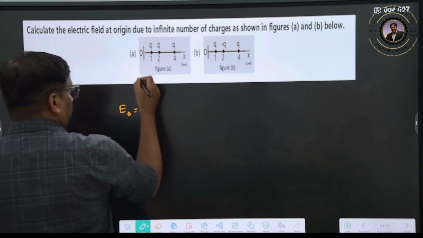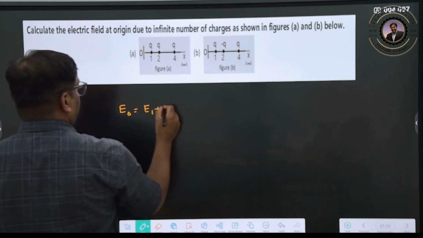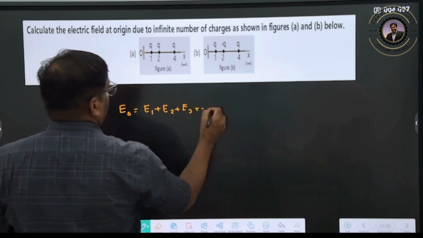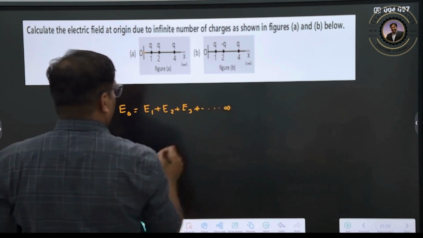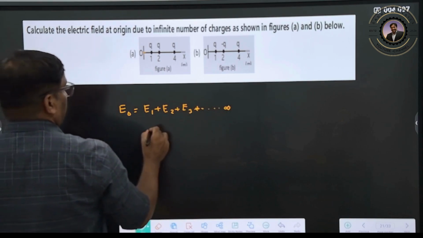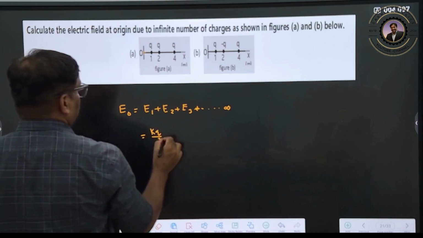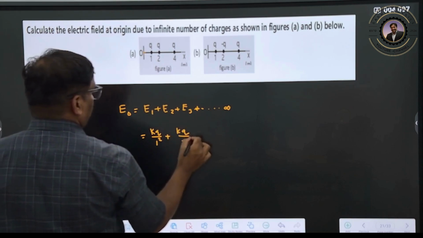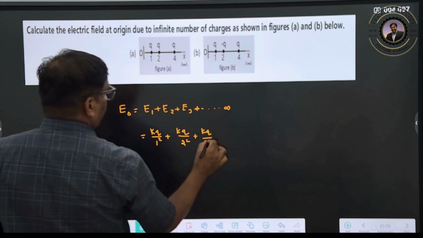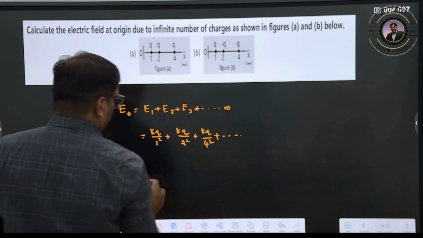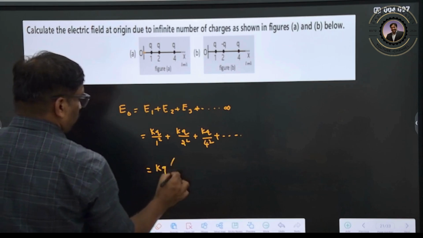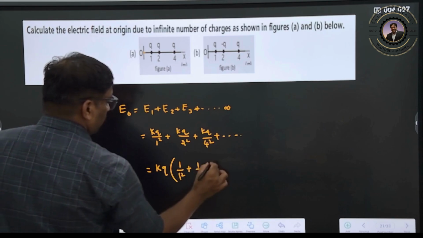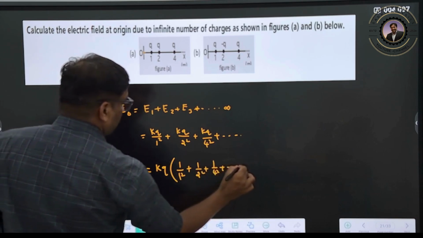It is due to E1 plus E2 plus E3 up to infinity. So what will you get? K Q by 1 square, this distance is 1 square, K Q by 2 square, K Q by 4 square, and so on up to infinity. K Q times 1 by 1 square plus 1 by 2 square plus 1 by 4 square and so on.